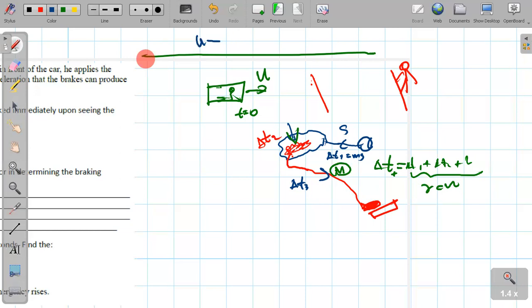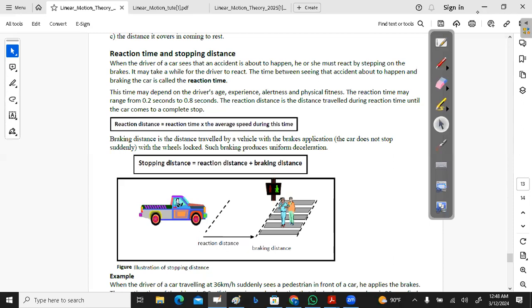But as the time gets higher, and we know that displacement equals velocity into time, when the time factor goes high, displacement goes high. That means the thinking distance, we call that the thinking distance. What is the distance we call? The reaction time or the thinking distance, right?